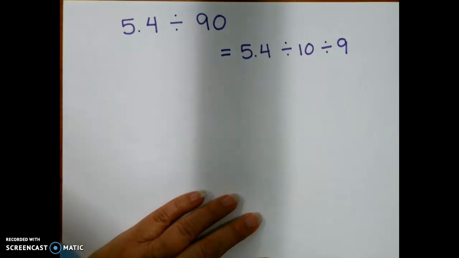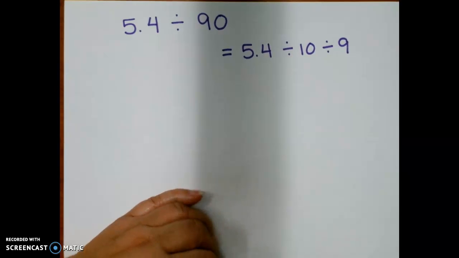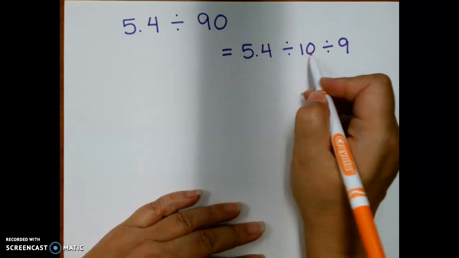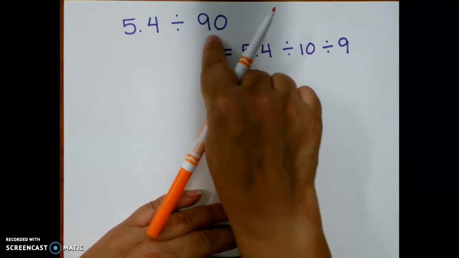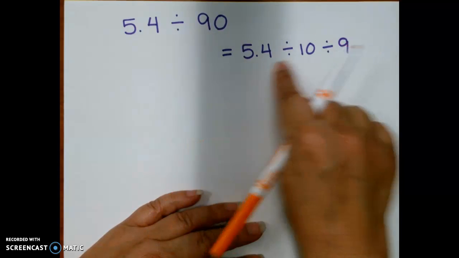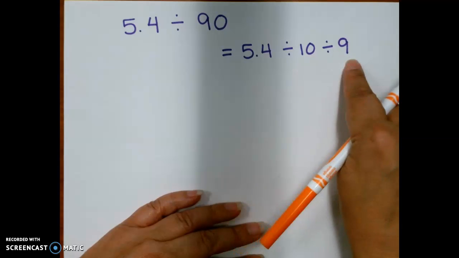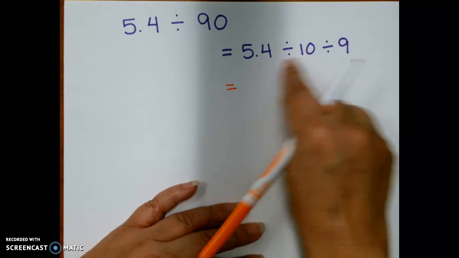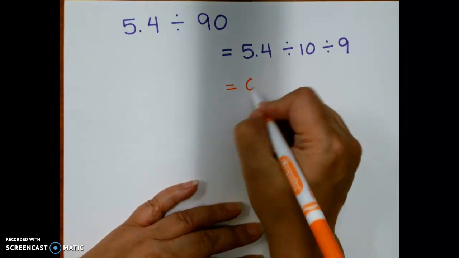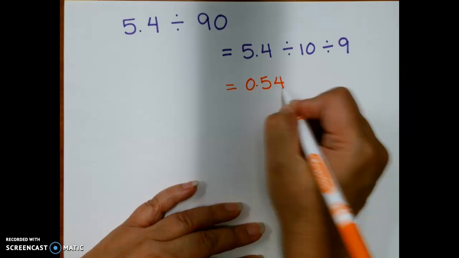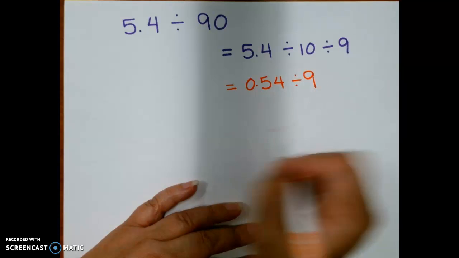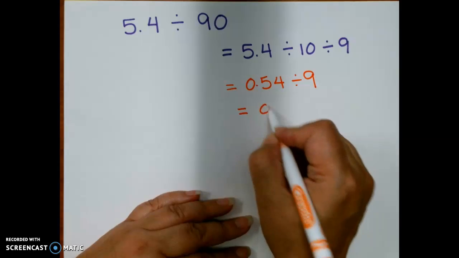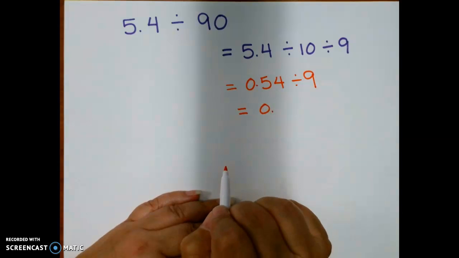Let's see what happens with this one. I have 5 4/10 divided by 90. Again, dividing 5 4/10 by 90 is the same as dividing 5 4/10 by 10, and then that quotient by 9. So 5 4/10 divided by 10 is 54 hundredths, and I need to divide that by 9, and that's going to equal what? 54 divided by 9 is 6.